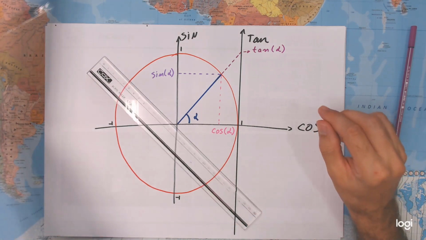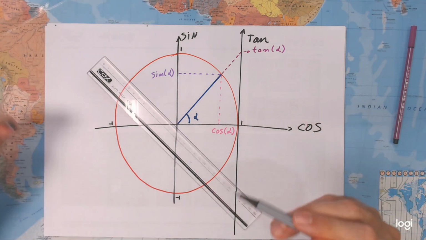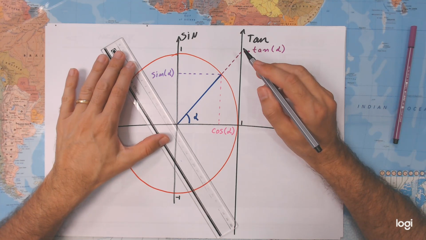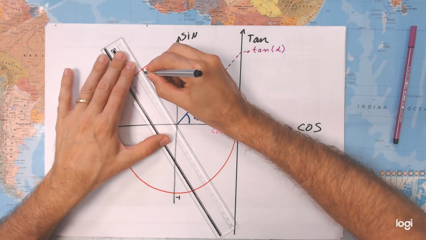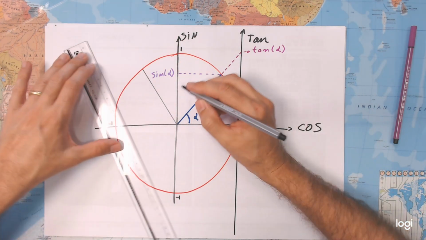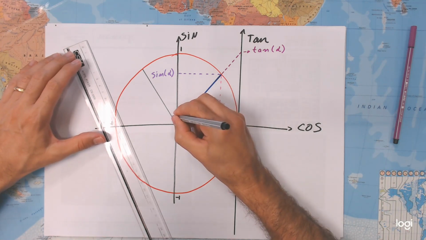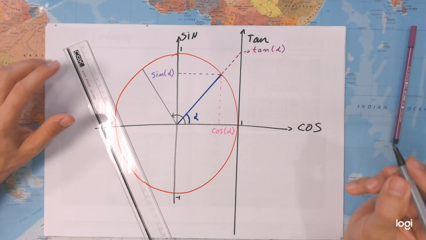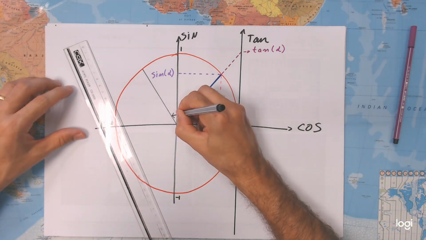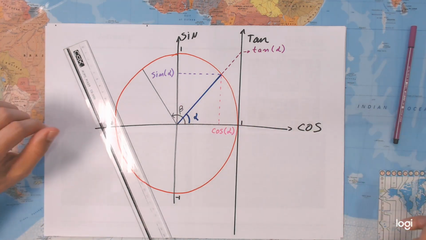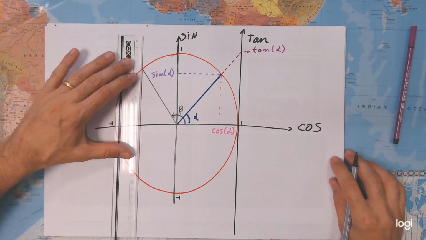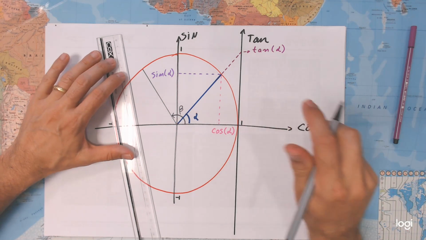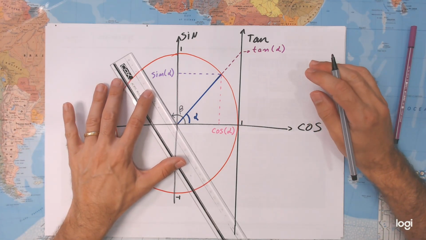Let's discuss this gray angle in here. Let's discuss another angle. Let's call it beta, this angle. Again, this is going to be the cosine of beta, the sine of beta. And what about the tangent of beta?